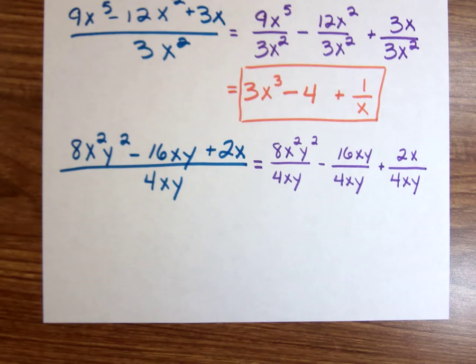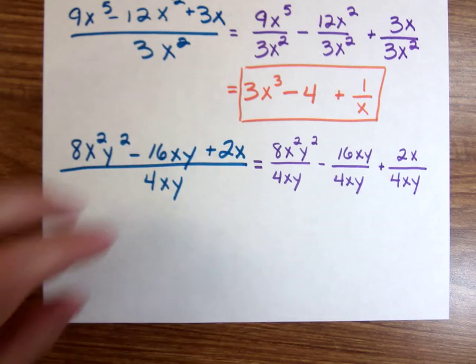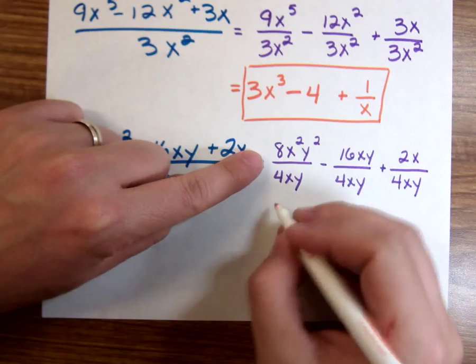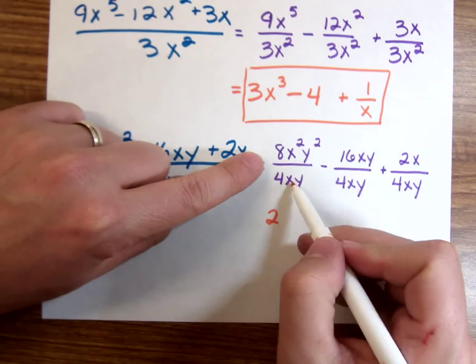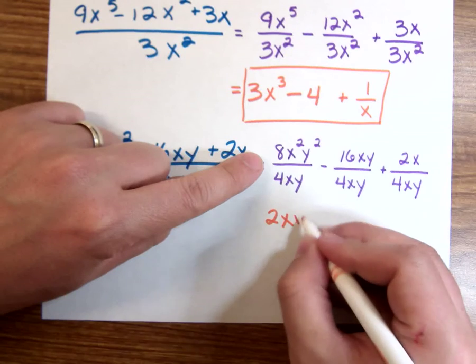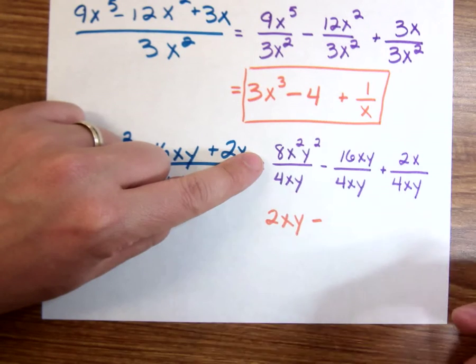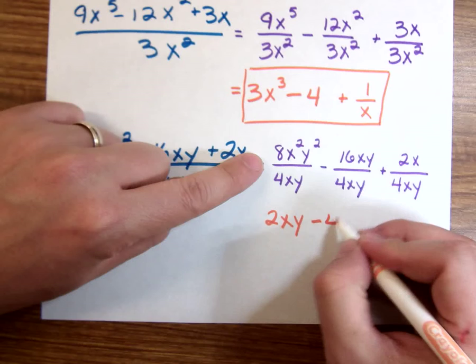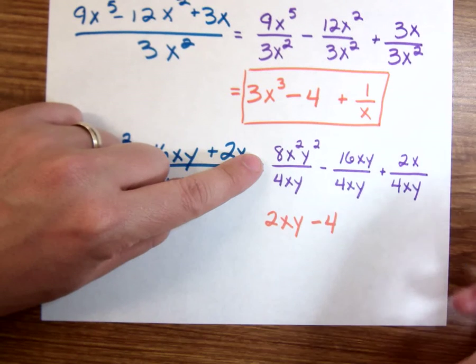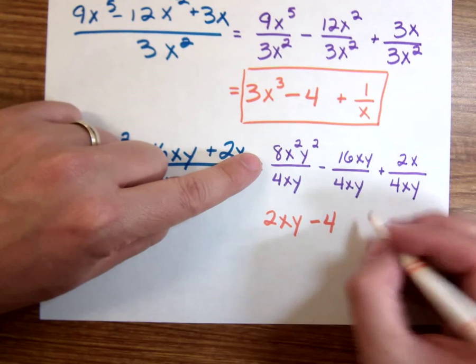We're still reducing. The reducing is just a little harder here because there's multiple variables. So let's reduce this one. 8 divided by 4. X squared divided by x. And y squared divided by y. Good. Minus 16 divided by 4 is 4. And the x over x and the y over y cancel out. That's just 1, so don't worry about that.